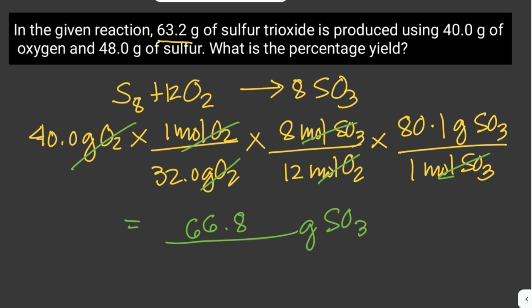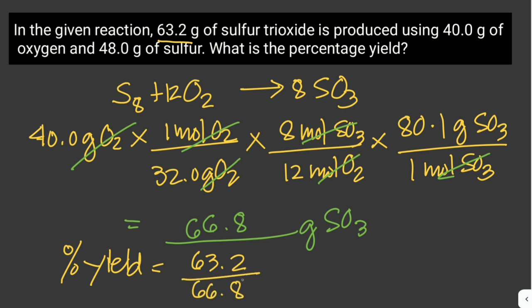Now we can calculate the percent yield. This is equal to 63.2 over 66.8 times 100%, and this is equivalent to 94.6%.